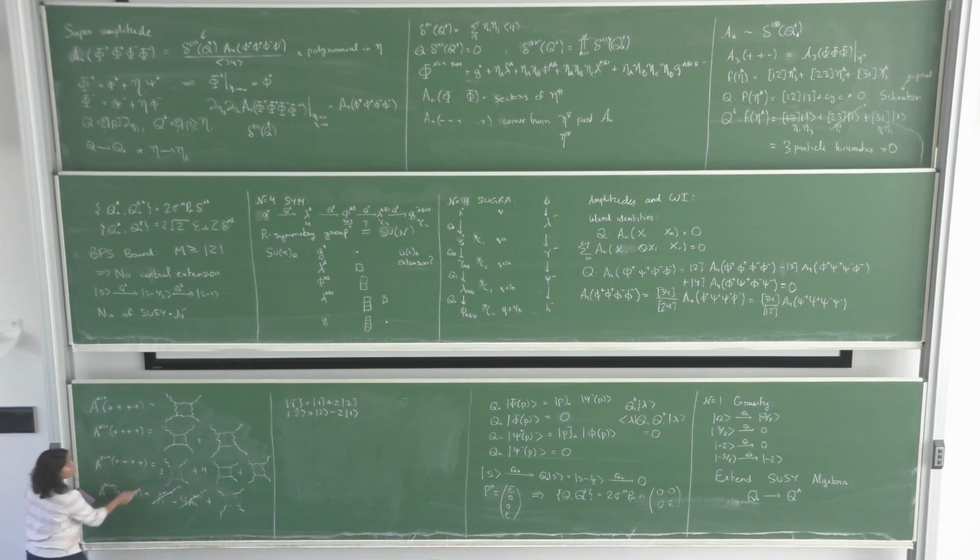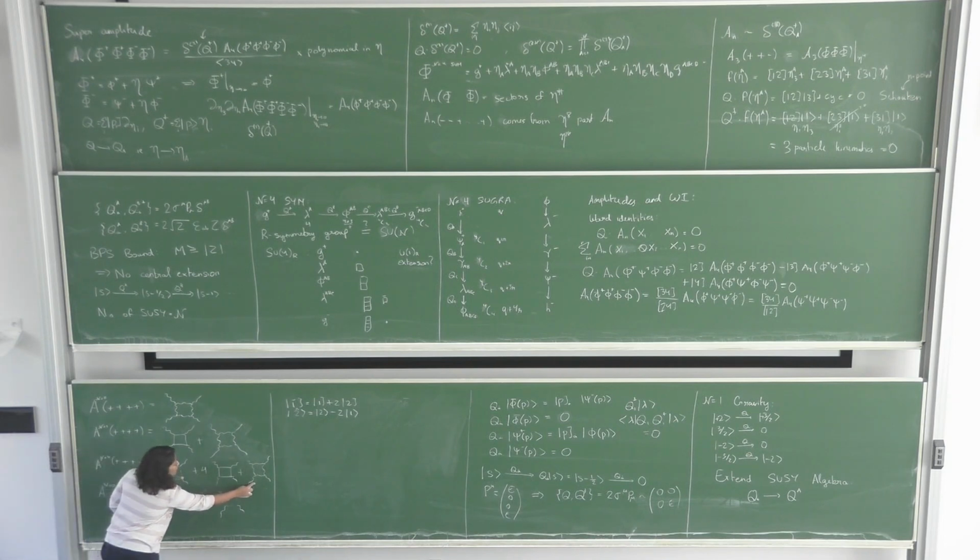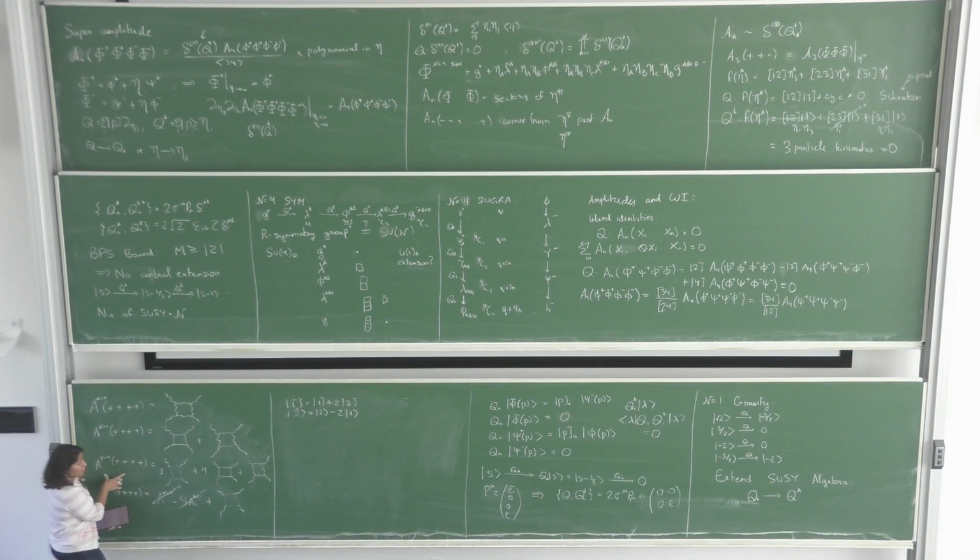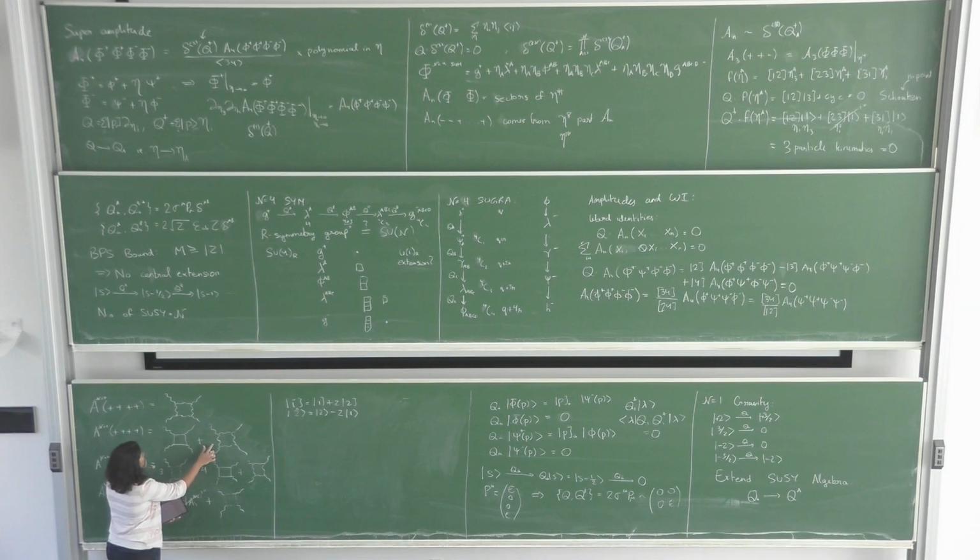That's what I want to calculate, this object over here. So I'm saying that this contribution equals this one, and then I'm subtracting out 4 times this one so that the fermion cancels. And then what's left is 3 minus 4, so minus 1.